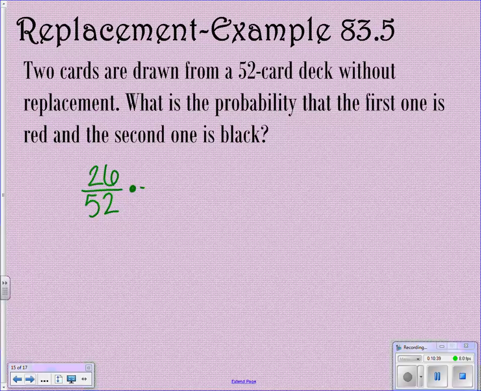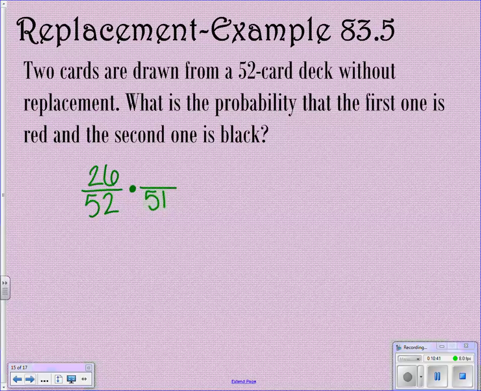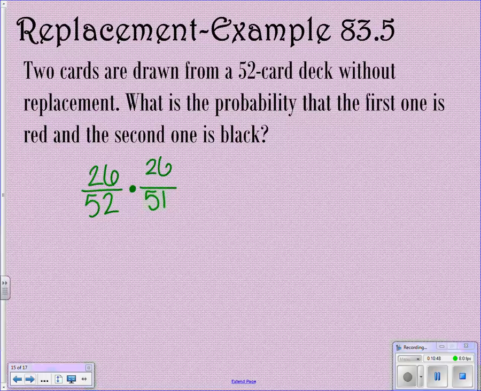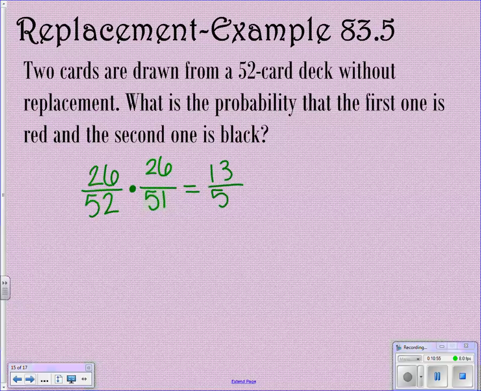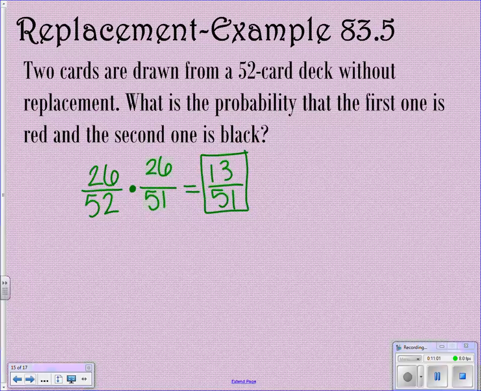So after we draw that card, we now have only 51 cards. And we want it to be black. Well, we drew a red card before, so we still have 26 black cards. And so if you multiply and reduce, you're going to end up with 13 over 51. That is your probability of drawing a red card and then a black card without replacing the first red card.